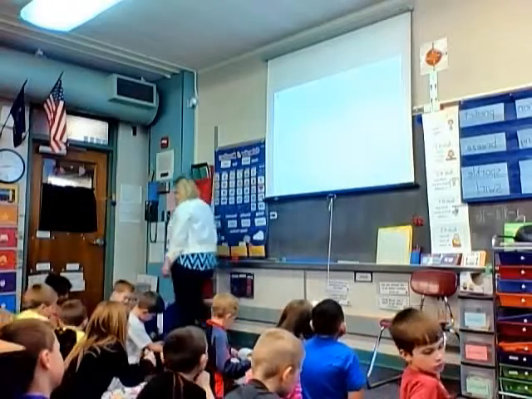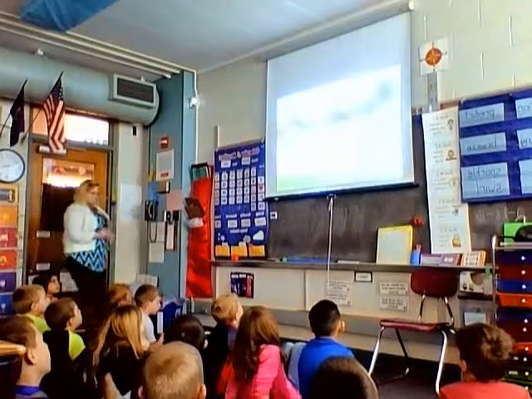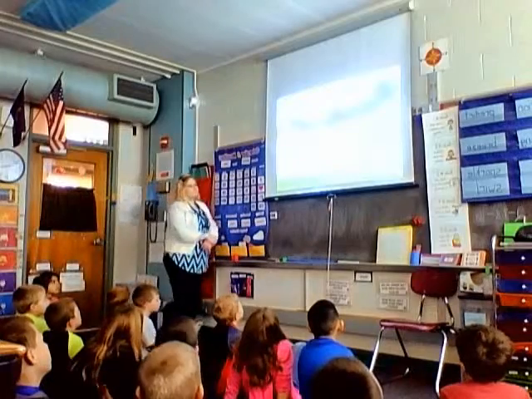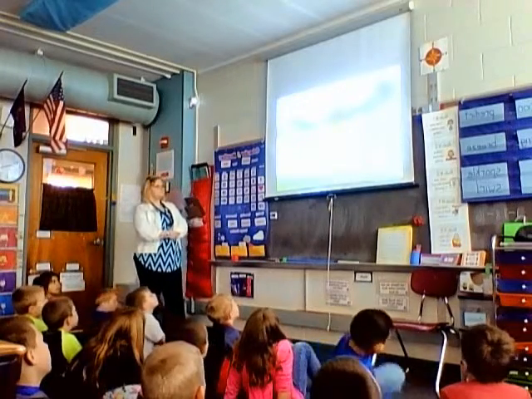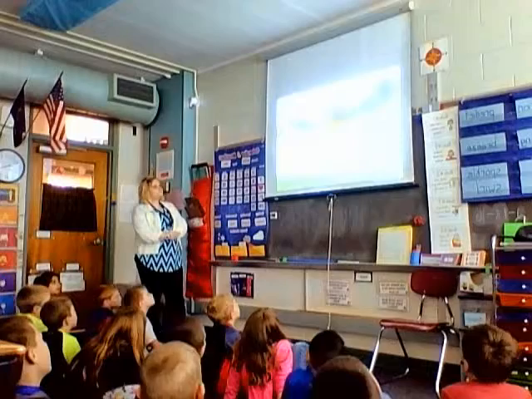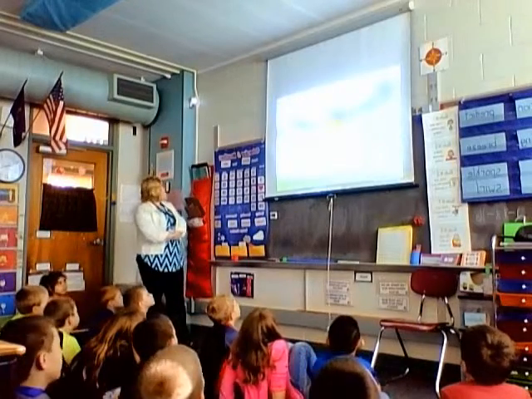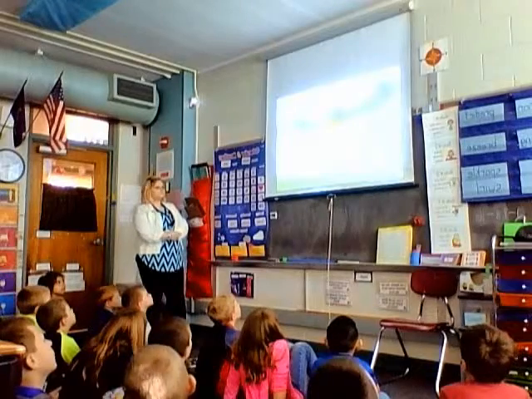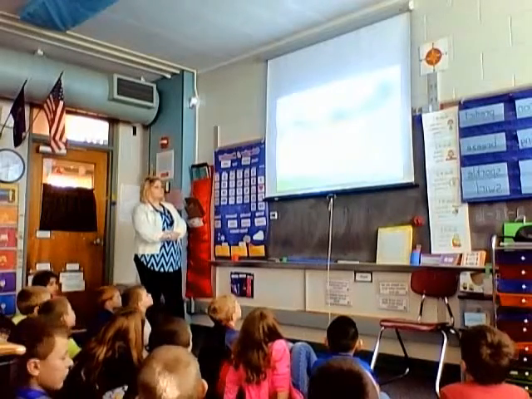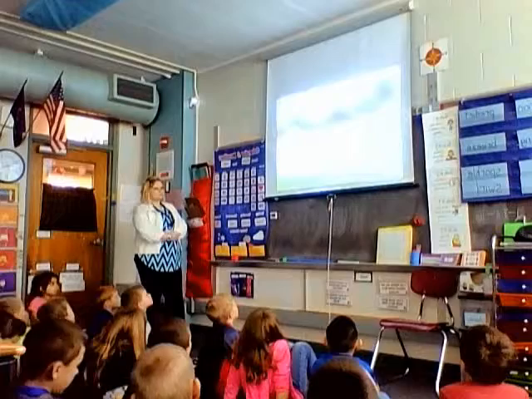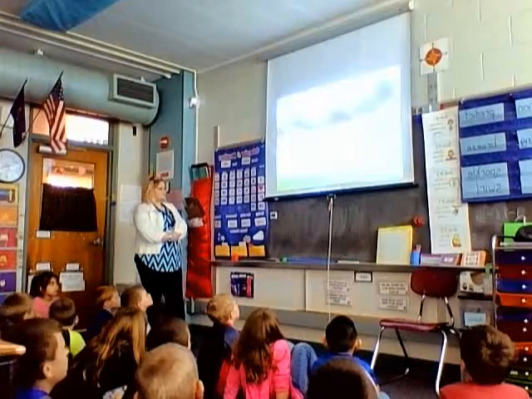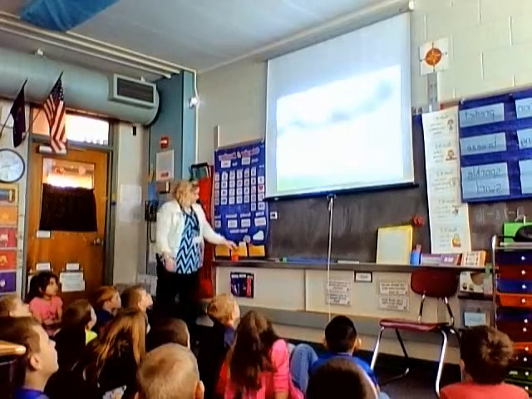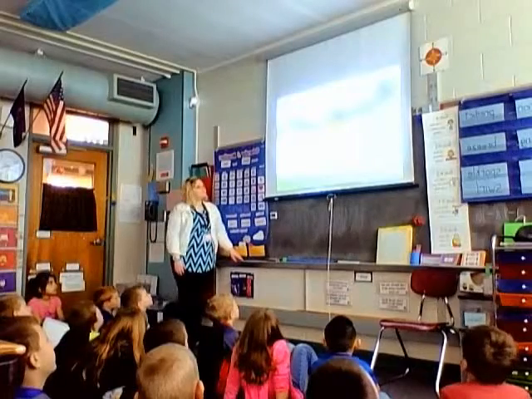The air around it is cold. The hot air pushes on the cold air. This makes a loud noise. The loud noise is called thunder. Thunderstorms have rain, lightning, and thunder.